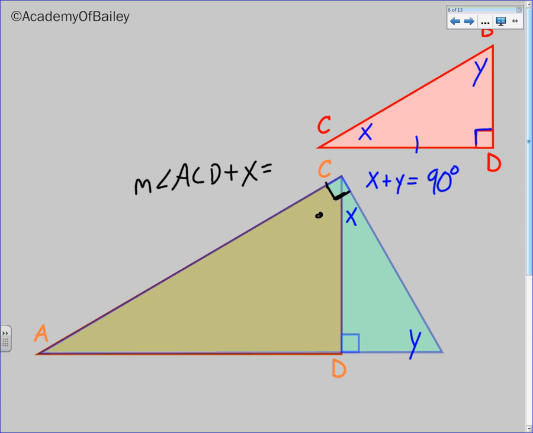So what did this angle here and angle x add up to equal? They add up to equal 90 degrees, because this is a right angle. X plus this angle is 90 degrees. Okay, let me get rid of some of that stuff so we have some room to look at some stuff.